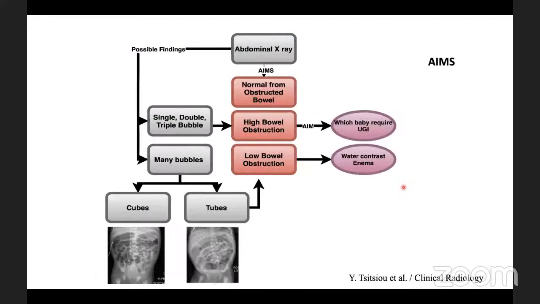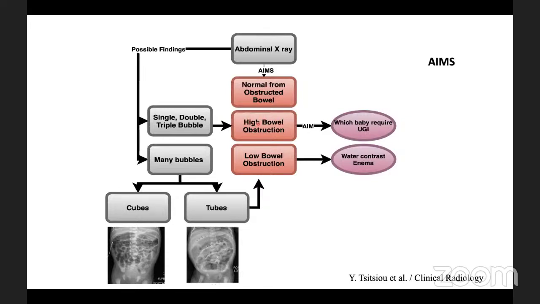So the aim of abdominal X-ray is to look for normal versus obstructed bowel, and the possible finding one can see on the abdominal X-ray is a single, double, or triple bubble appearance. Once you have diagnosed a single or double bubble, that means you are dealing with a baby with a high bowel obstruction.